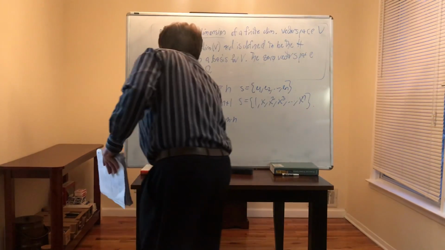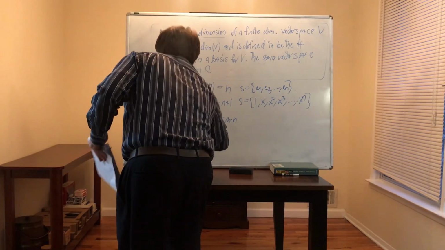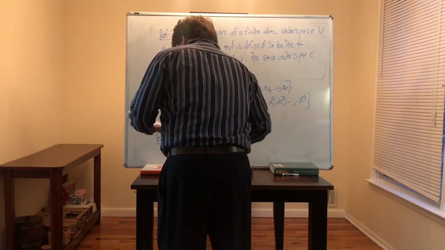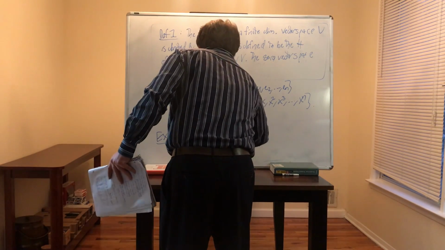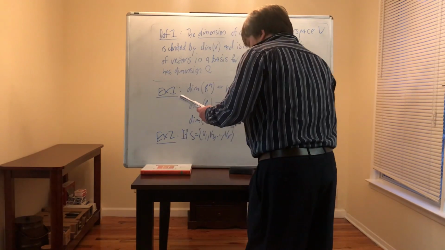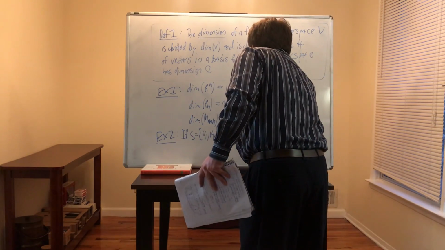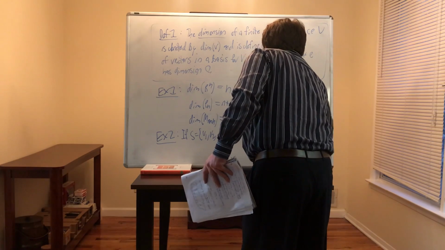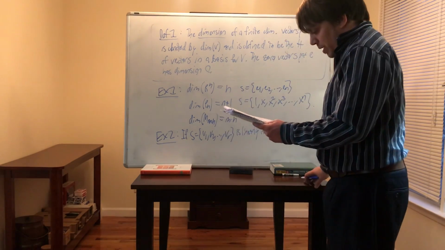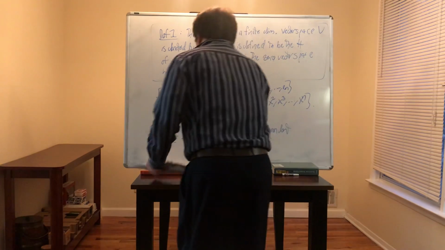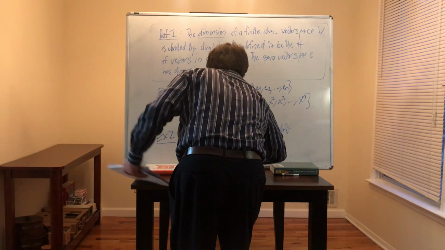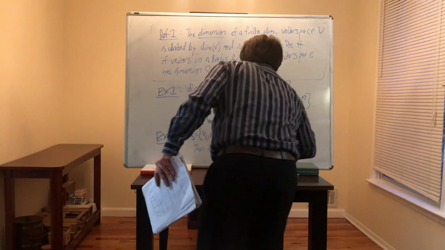Okay, example 2. If S is equal to the set V1, V2 up to including V sub R, is a linearly independent set, then the dimension of the span of S is equal to R. Okay?